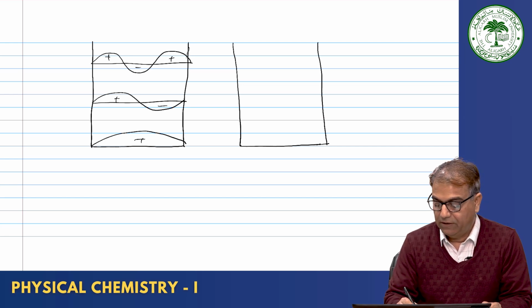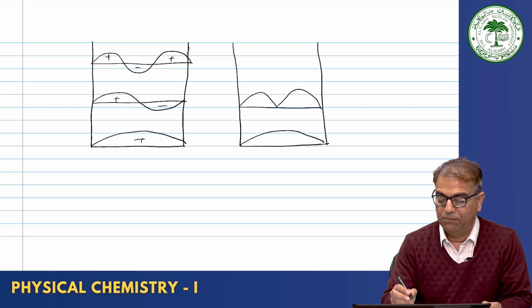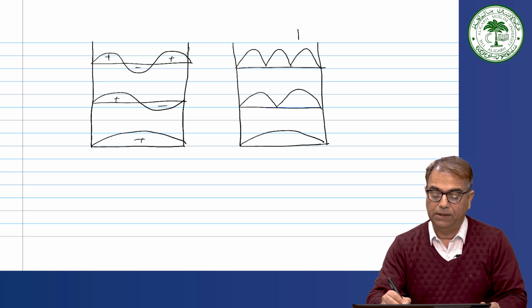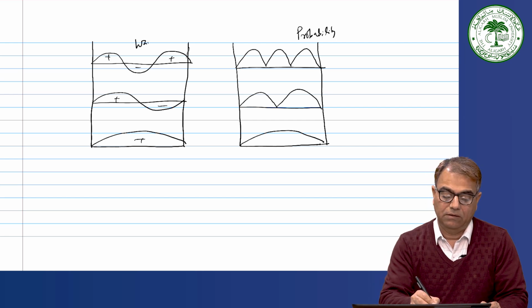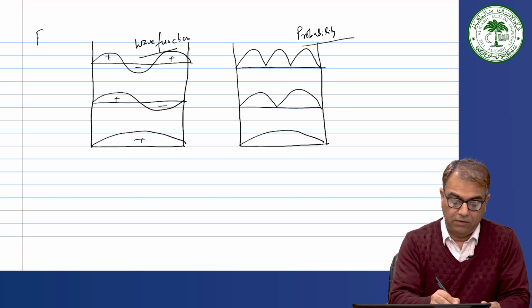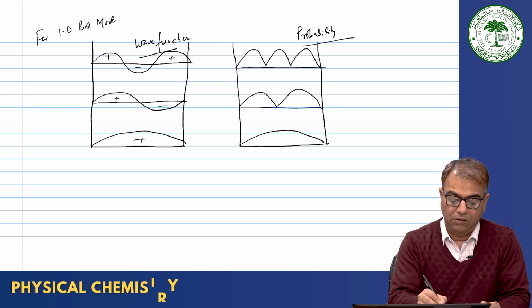So, you will not have a negative area, it will be all positive. A square of a negative will be positive. Okay. So, this is the probability, and this is the wave function for the 1D box model.